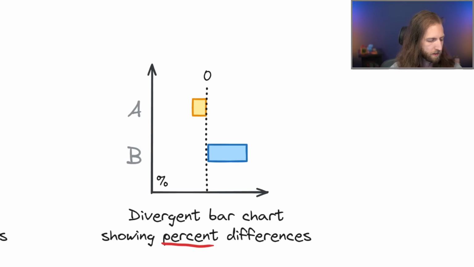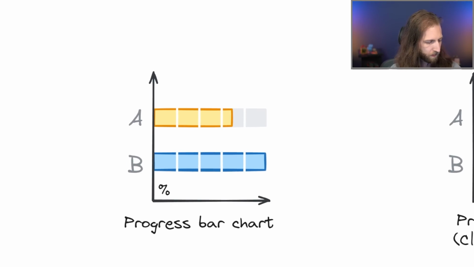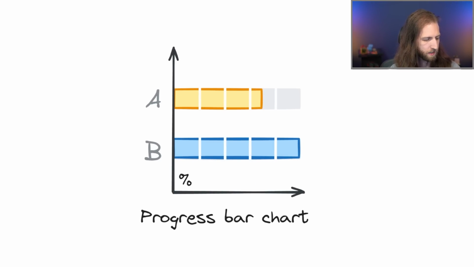Now, we already saw these 3 different ways of visualizing this information, but let's look at some more. Another way that we could visualize percentages is using a progress bar chart. In this case, we're not looking at the achievement, but we're looking at how much of the target we have actually reached so far, where 100% is the end of the bar.